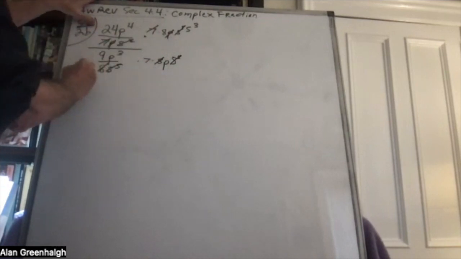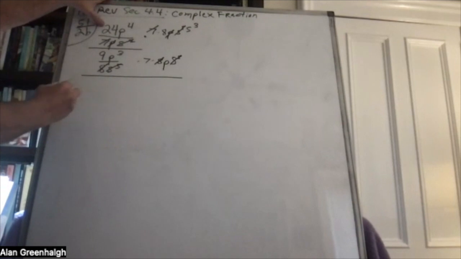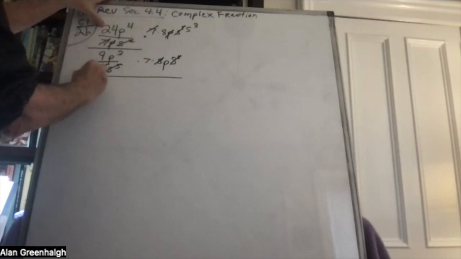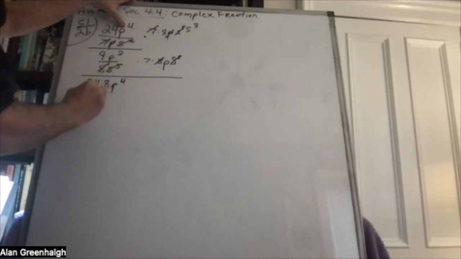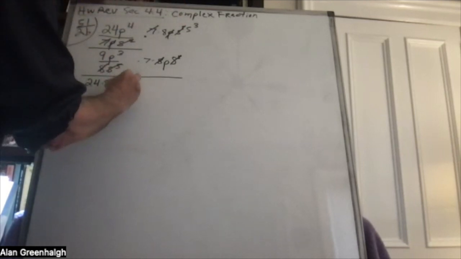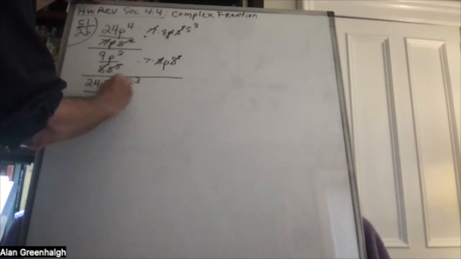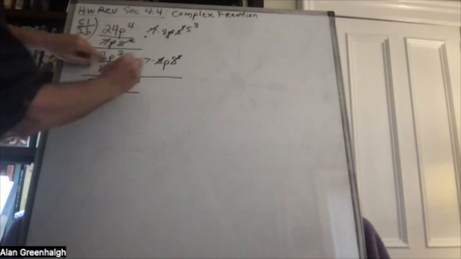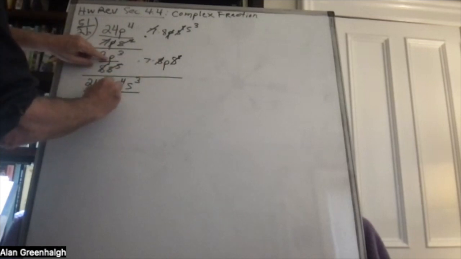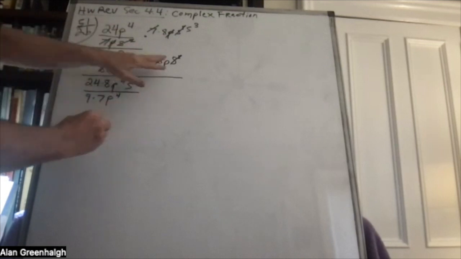So from here, the next step is to multiply 24 times 8. Now, I'm not going to do that. I'm just going to put 24 times 8 because you never know what could cancel out along the way. P to the fourth and S to the third. 9 times 7 times P to the fourth, and that's it.